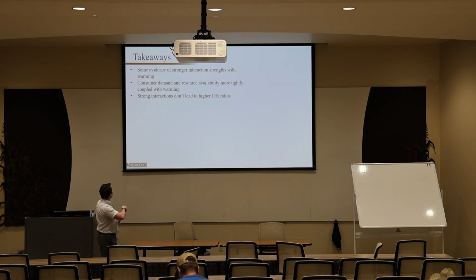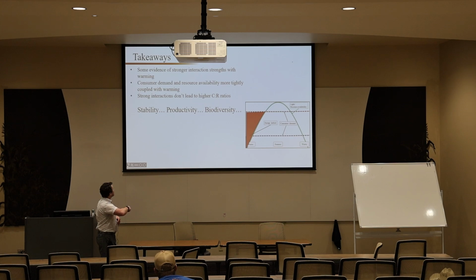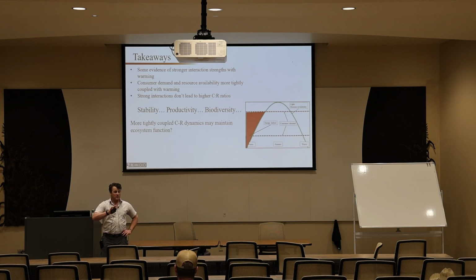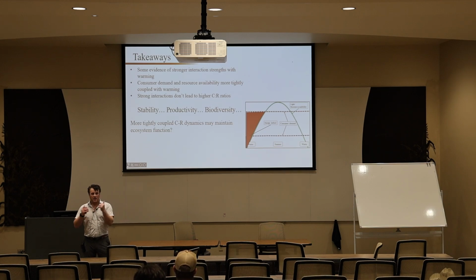All right, so I'm going to push through these really quickly. But for this final part, I'm going to delve into one more little vignette, asking some questions about how these patterns with stability and resource function, or ecosystem function and consumer resource stability, might relate to dimensions of biodiversity.